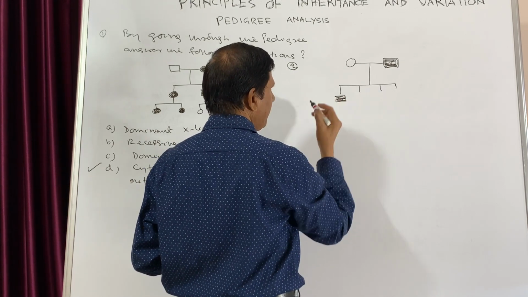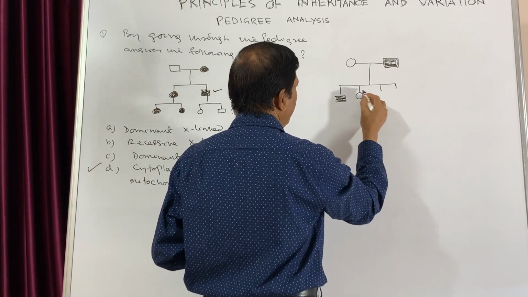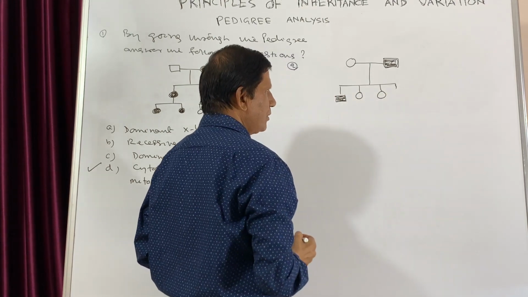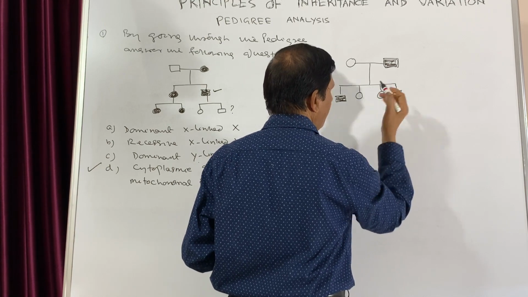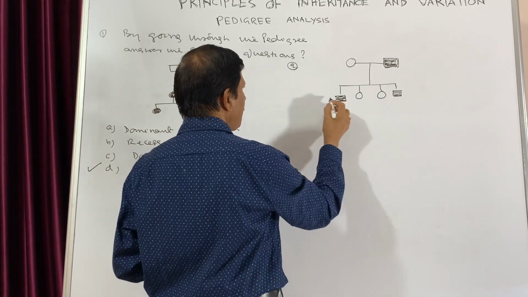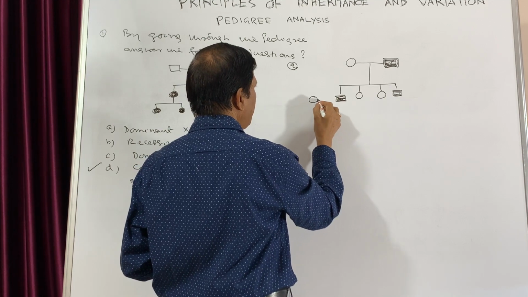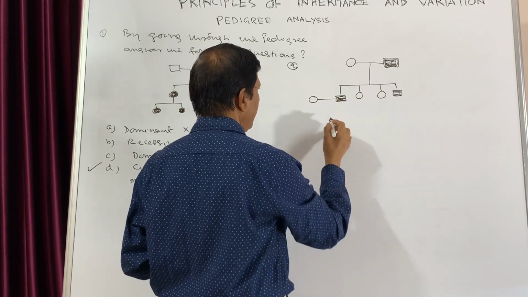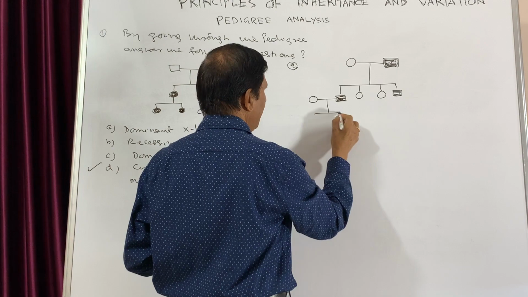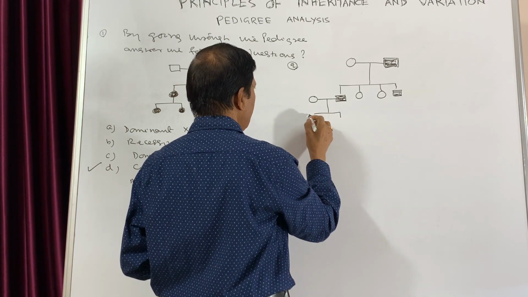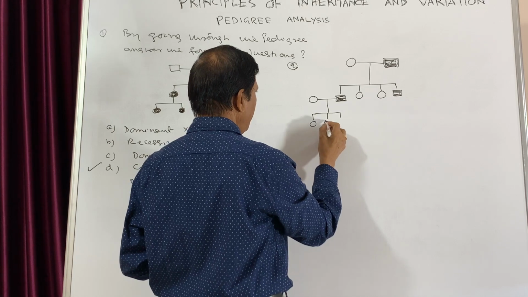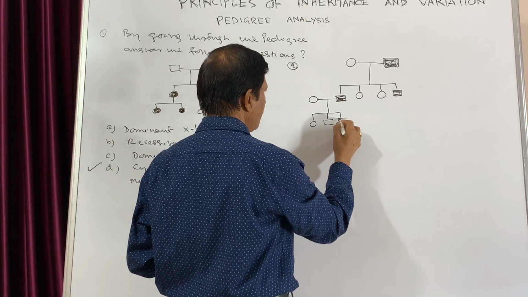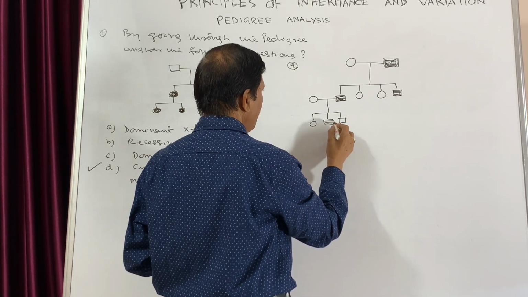This son is affected. There are 2 daughters not affected, and the 4th child is also a son, affected. Now this son will marry another person not affected, and they will have 3 children, 1 daughter and 2 sons. Now these sons are affected.